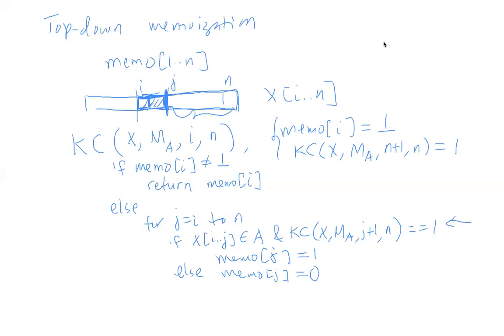So after this loop is done, we keep moving this j up, and then finally we return memo i.